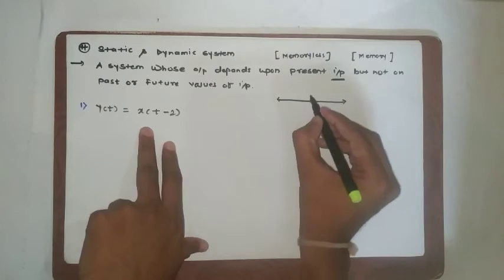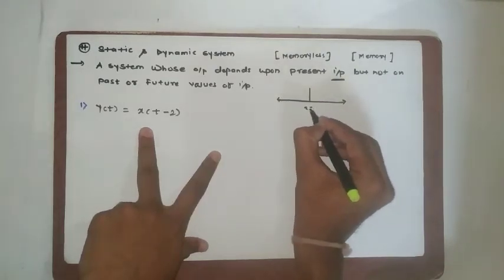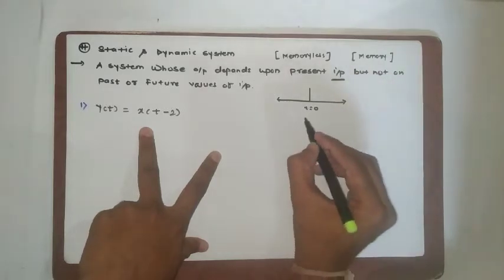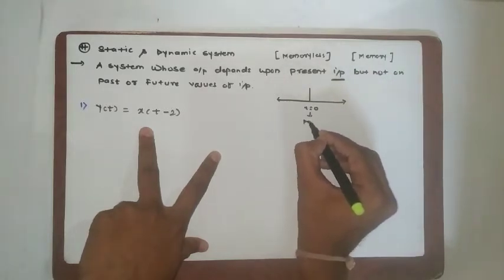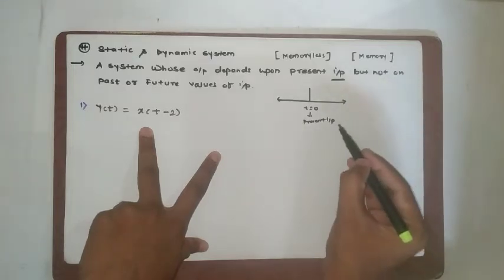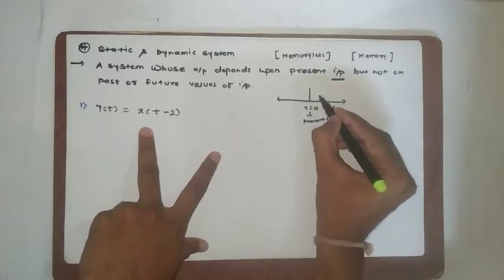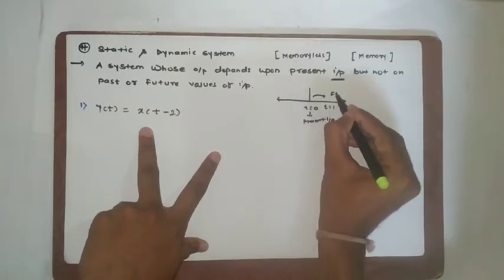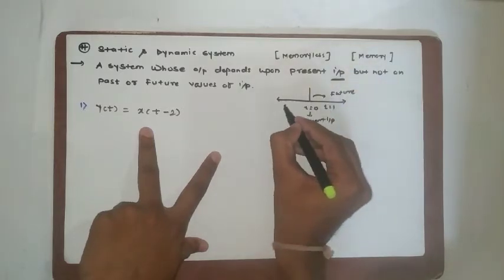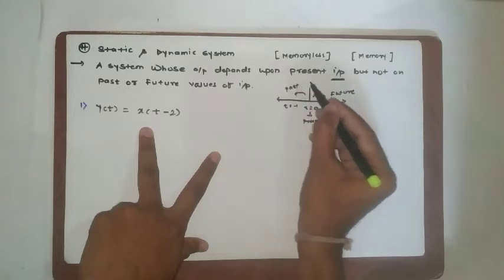As far as this one is concerned, let's consider the first instant as 0, and this t equal to 0 can be called the present input. Now if it is a present input, the next location t equal to 1 definitely becomes future, whereas t equal to minus 1 definitely becomes past.